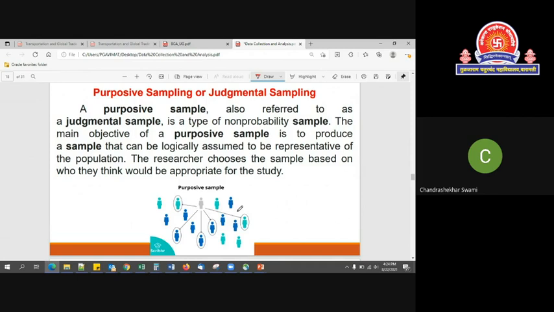Only those players are selected. In this case, simple random sampling or stratified random sampling is not possible, or it is not a good thing. If you form the cricket team by using simple random sampling or any probability sampling method, that team might lose the cricket match.